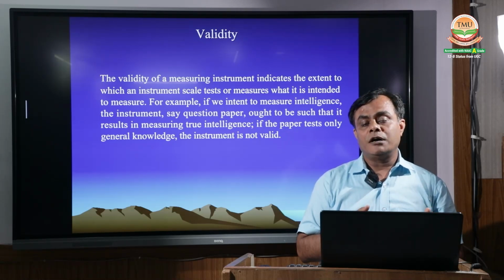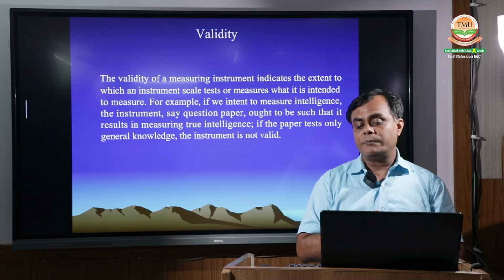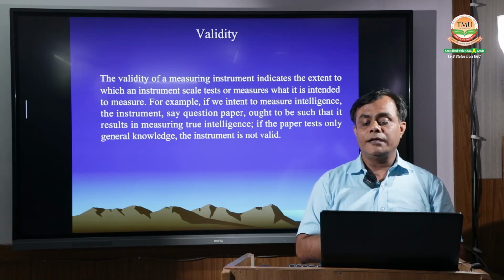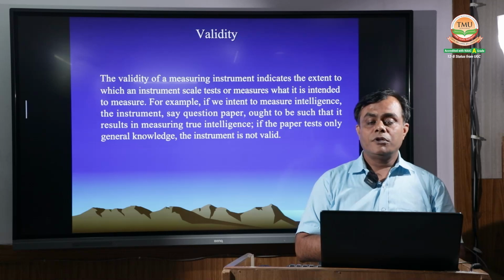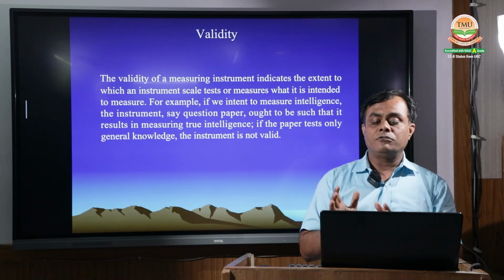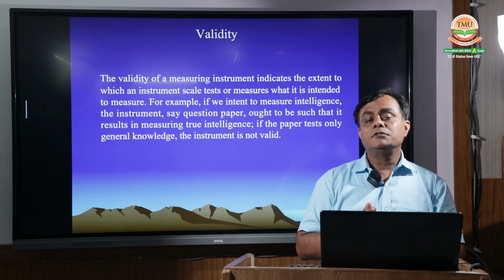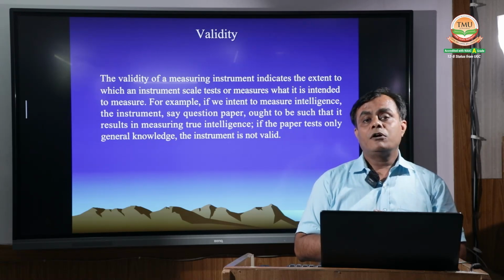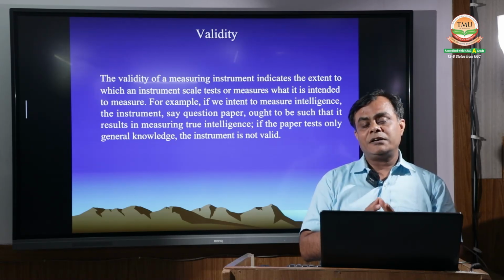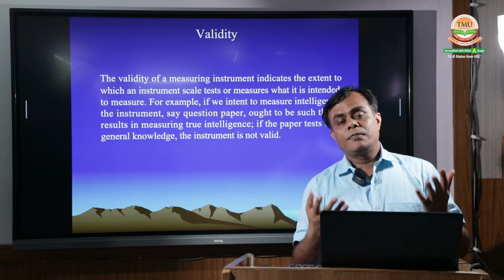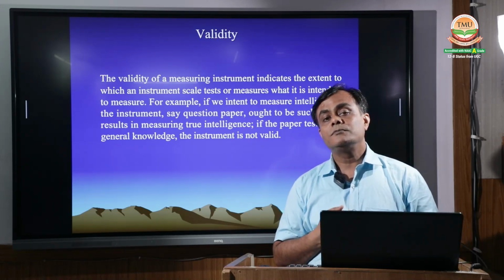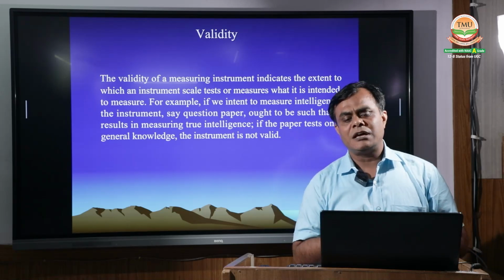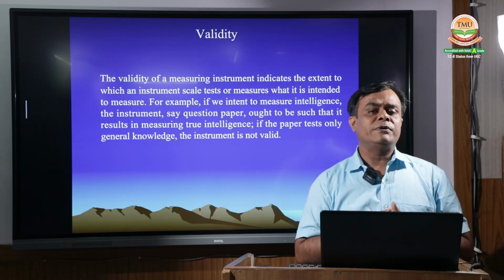Simply, from this example you can understand that you want to check the intelligence level of a student with a particular question paper, but the measuring scale you are using is not proper, or the particular question does not have the capacity to examine the intelligence level of the student, because it has very general or very simple information.